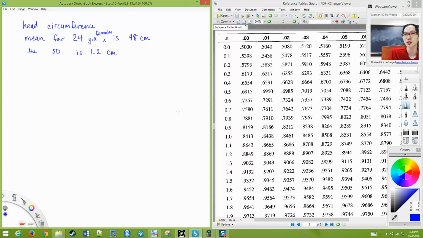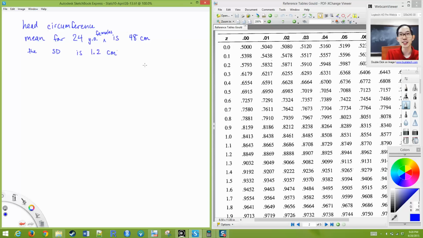So, all right, let's just say some girl has a head circumference of 23.1 centimeters. Okay.